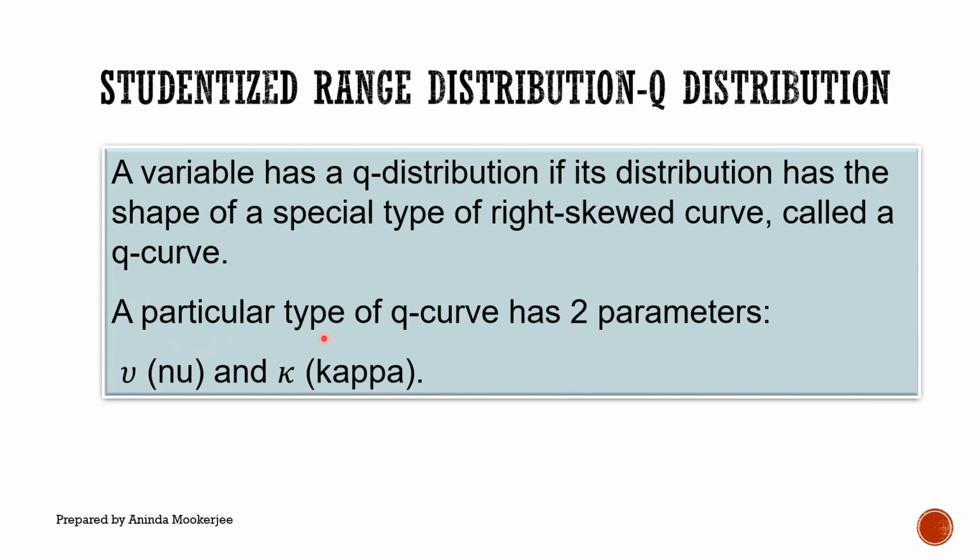A particular type of Q curve has two parameters, similar to the F curve, but in the case of the Q curve, they are called nu and kappa. The first parameter is called nu and the second one is called kappa.